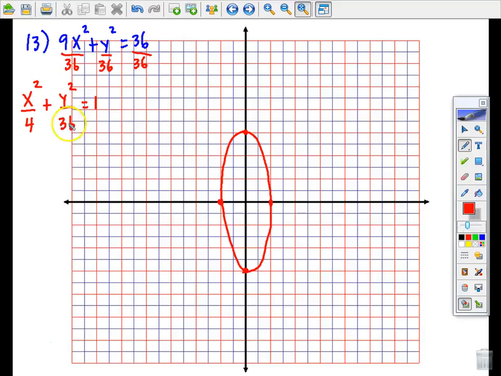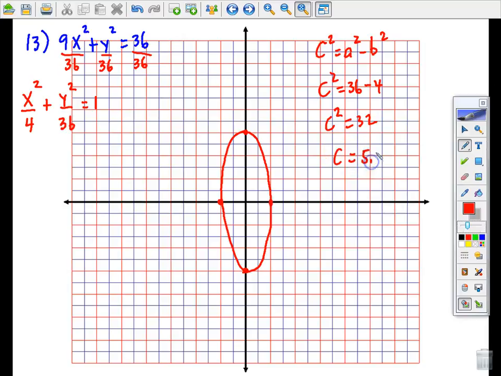Okay, once again, I gave you another one where y is the major axis. And so we need to find foci. C squared is a squared minus b squared. C squared is 36 minus 4. Okay, so grab your calculator and let's find the square root of 32. We'll round it to the nearest tenth. That's 5.7.